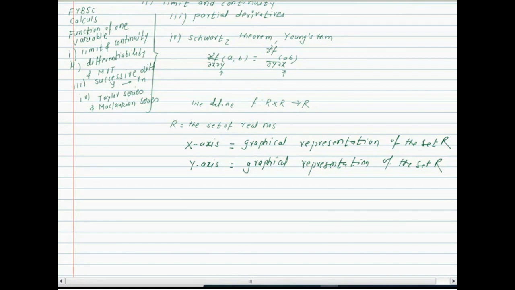Alright. Now next we will define the set A cross B. What is A cross B?